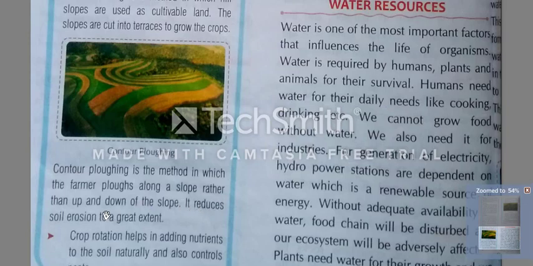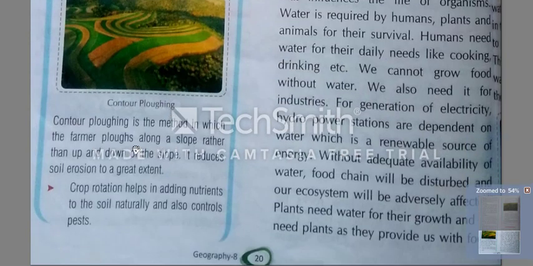It reduces soil erosion to a great extent. It controls soil erosion and stops the soil from moving. With heavy or fast water, it stops the mud, clay, and soil.